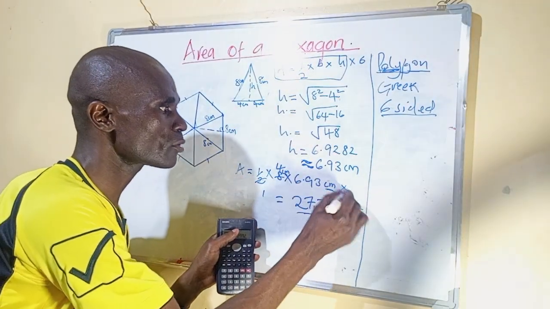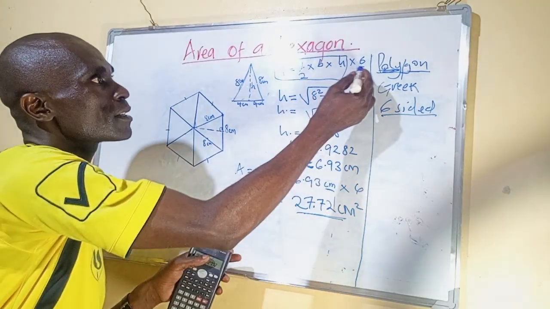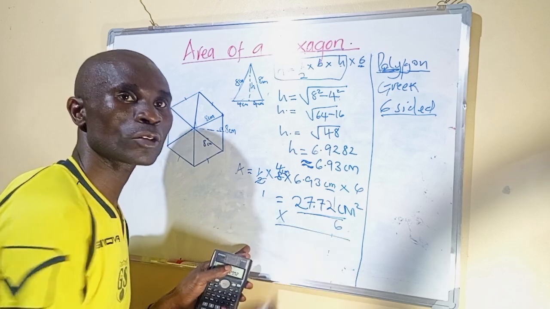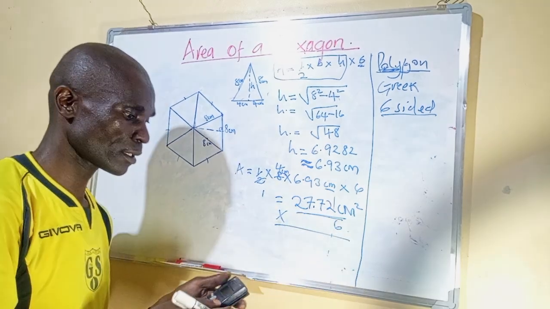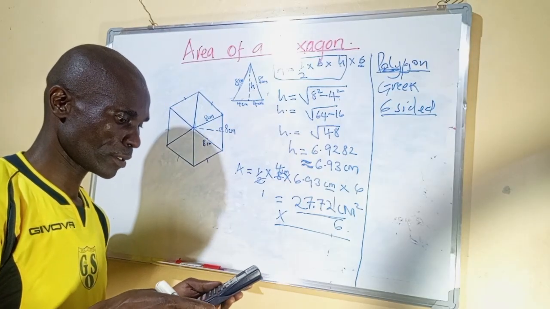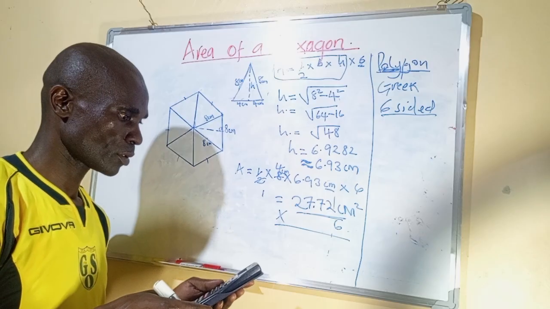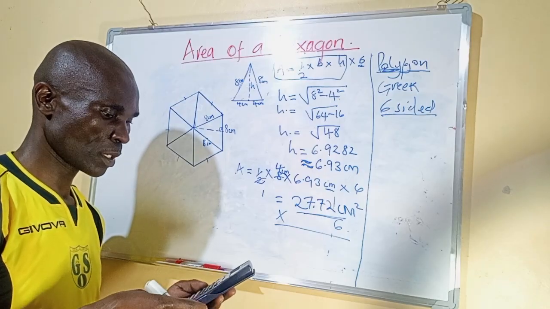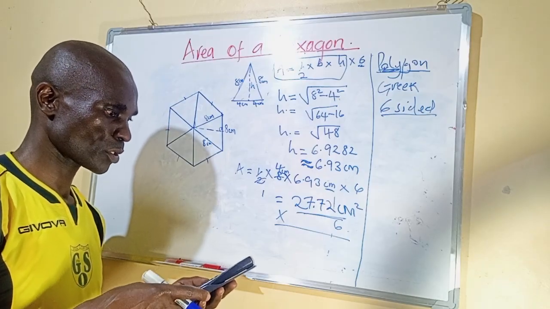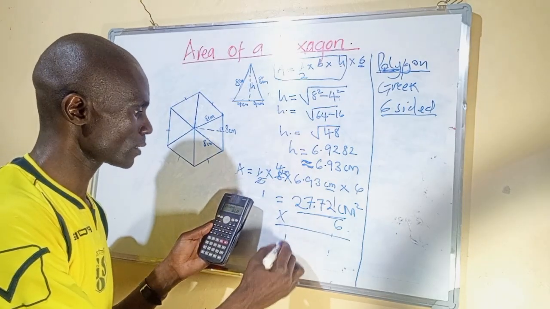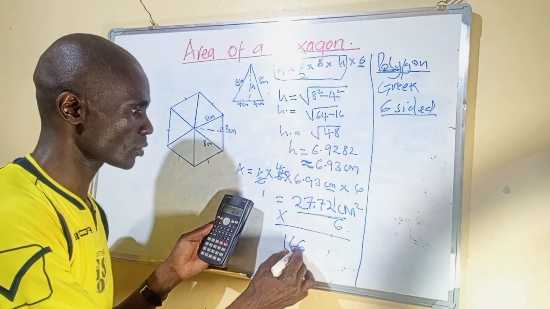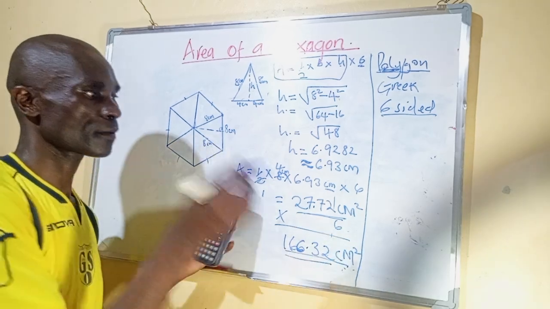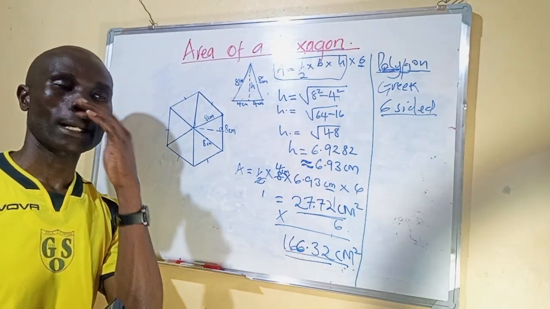So now we have to multiply that by 6, because we have 6 there. 27.72 multiplied by 6 gives us 166.32 square centimeters. Therefore, that becomes our answer.